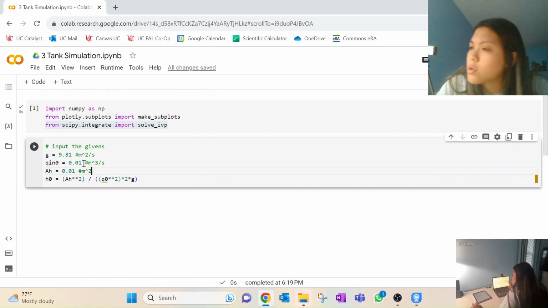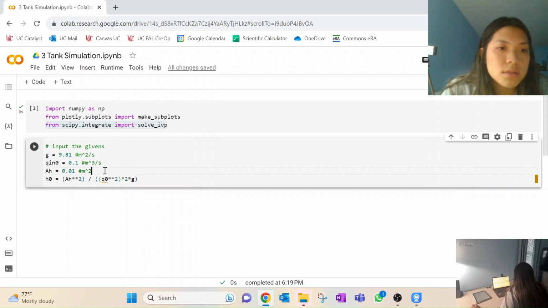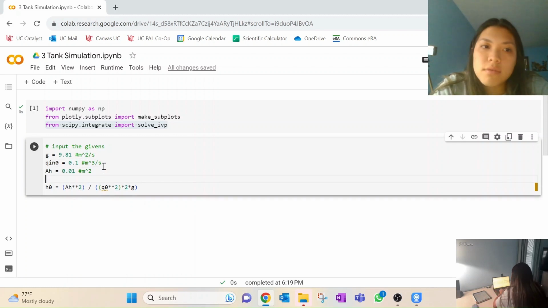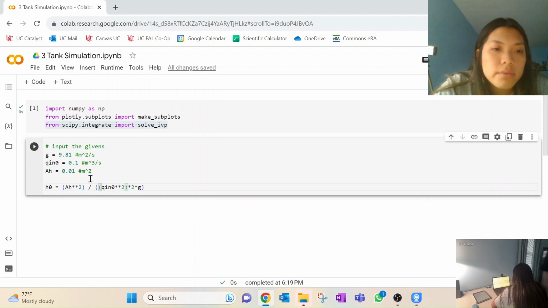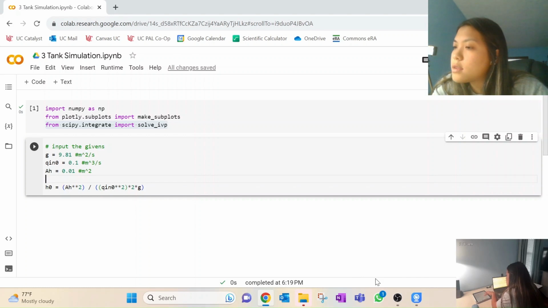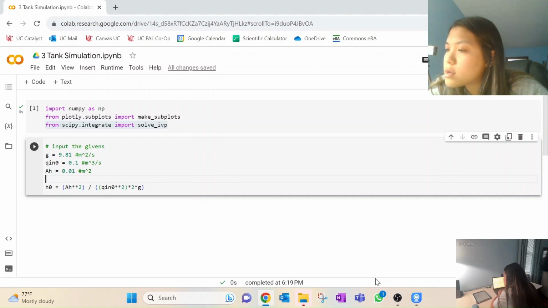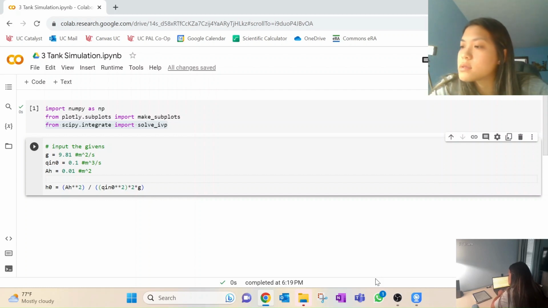And I do have to make a correction when looking back at this. The initial flow is 0.1 meters cubed per second. And then just to keep everything constant, I think those are all our givens.